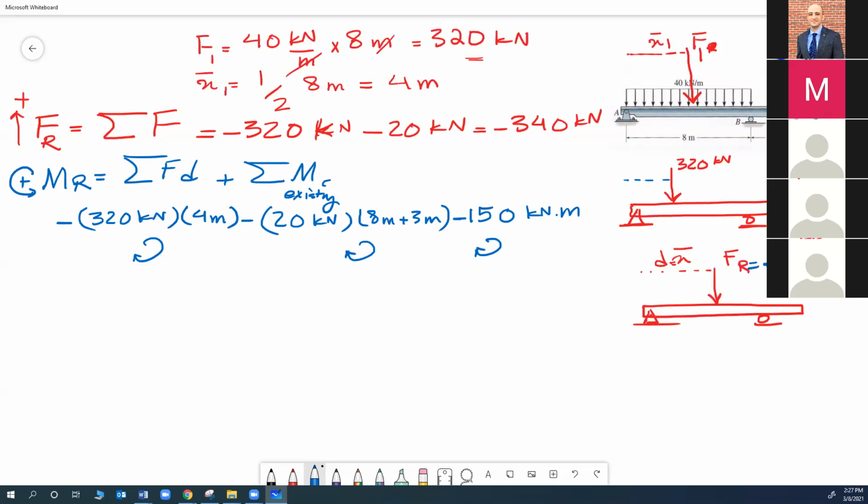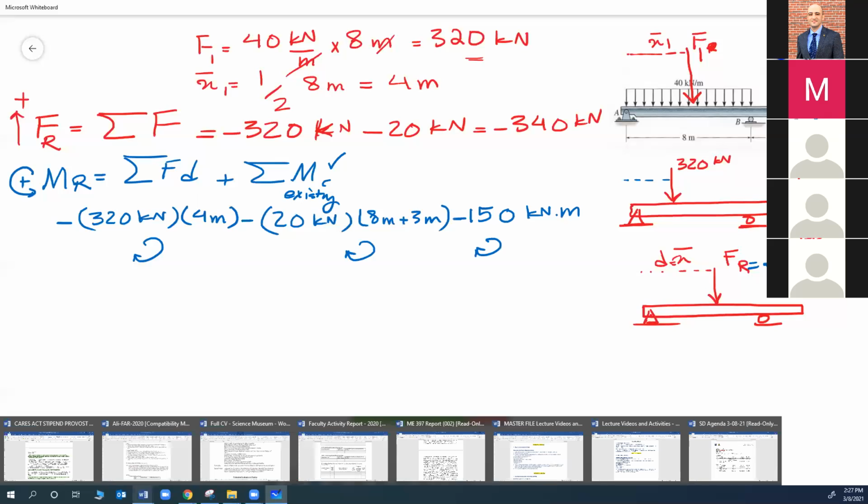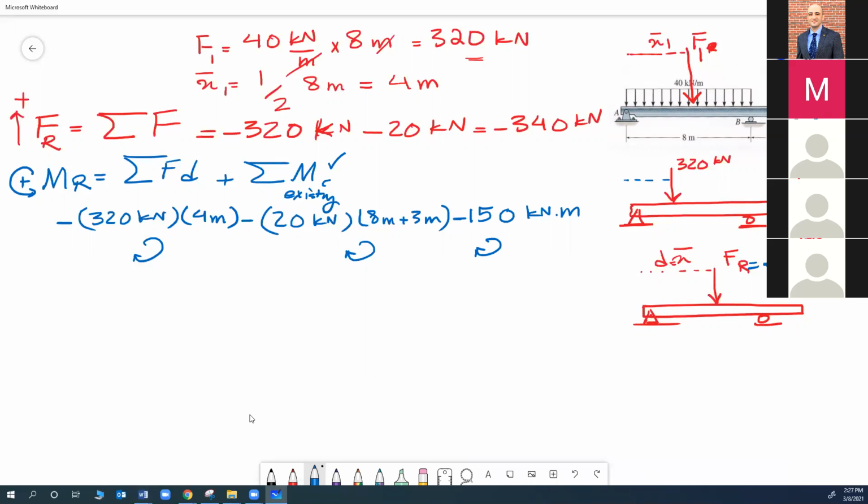I think this has been an exam problem twice. Every time, I saw a lot of students forget this moment. They keep forgetting this existing couple moment, right? Let me ask you this: what caused that couple moment to be on the beam?